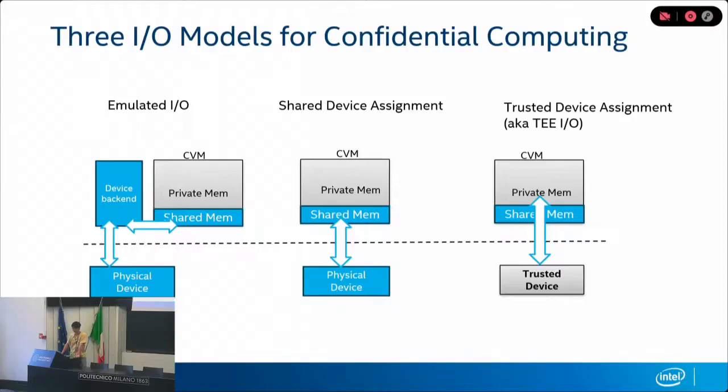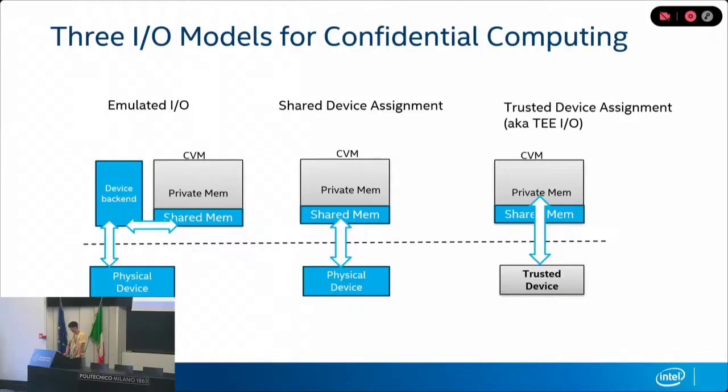It can only access the shared memory, and in most cases, it will translate the guest request to some host operations. In shared device assignment, you assign the physical device to the confidential VM, and the device can only access shared memory.